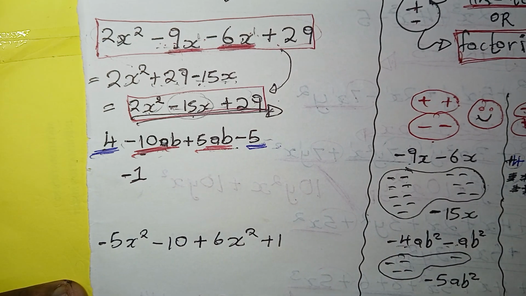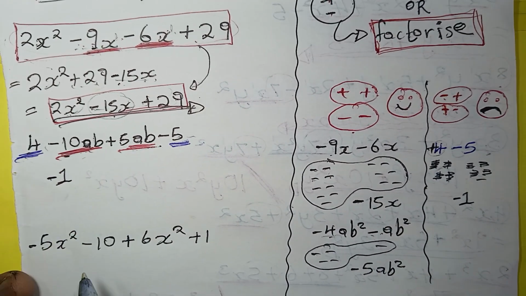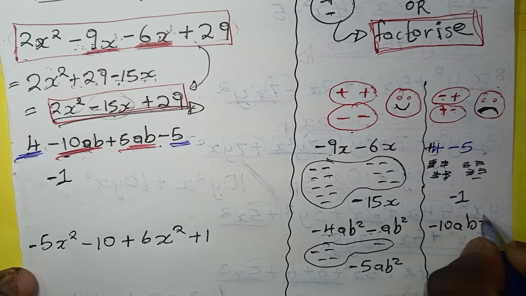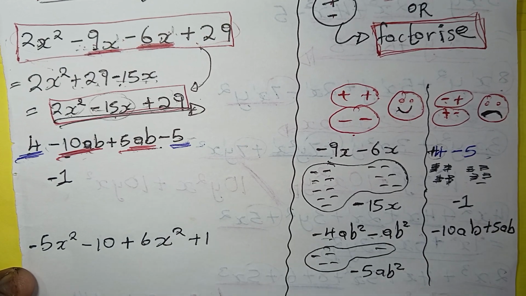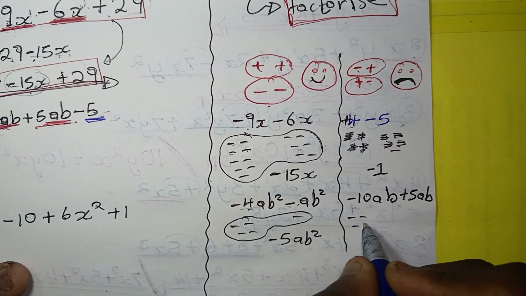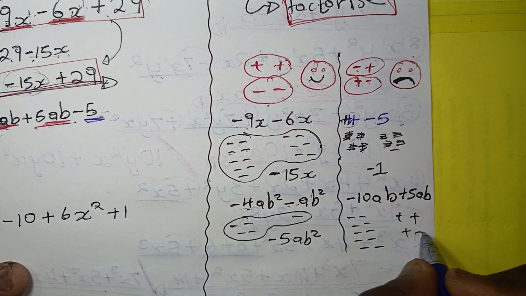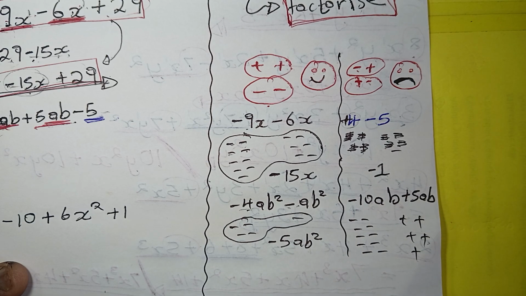So now, let me show you the way you will collect this one. This one, they got different signs. Minus 10ab plus 5ab. So this thing, it's like 1, 2, 3, 4, 5, 6, 7, 8, 9, 10, and 1, 2, 3, 4, 5. Because they got different signs, they will go against each other, meaning that they will fight.